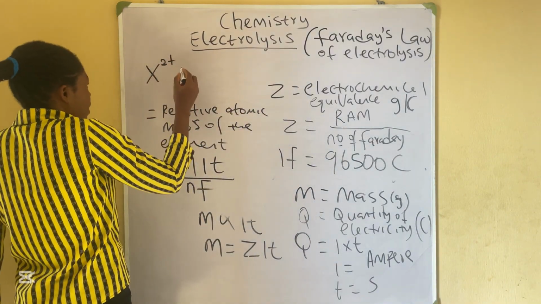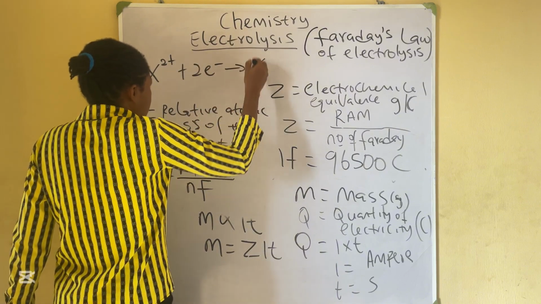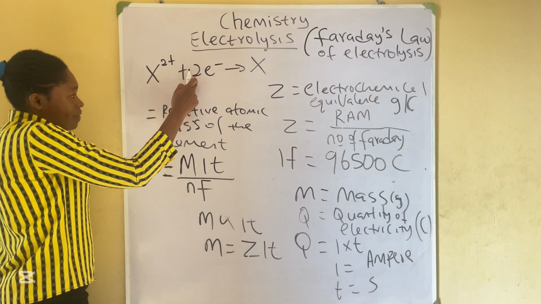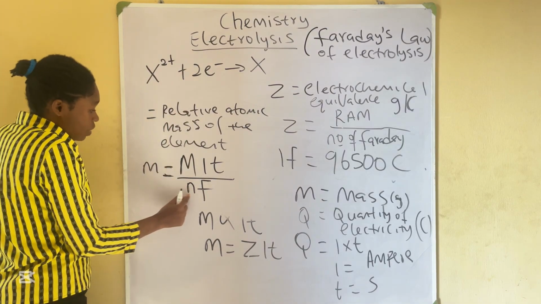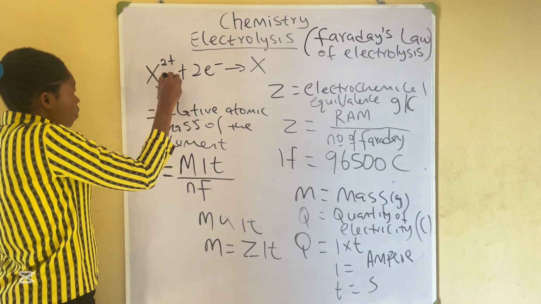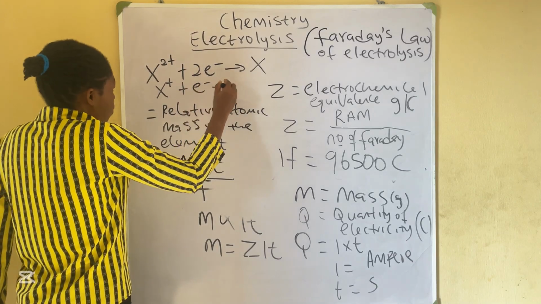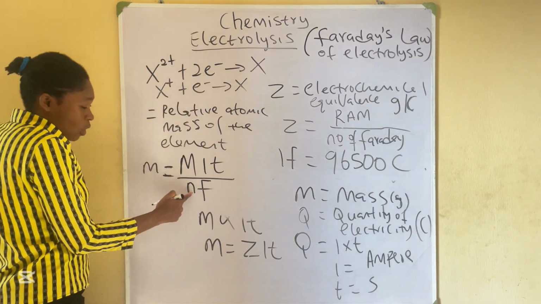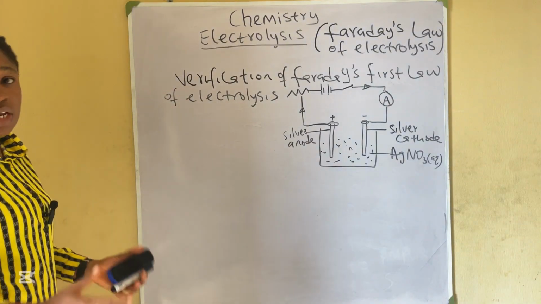This is a divalent element, so the number of moles of electrons here is 2. If I'm doing a calculation using this formula, I'll put 2 here. If it's a univalent element, it is one mole of electron, so here is 1.